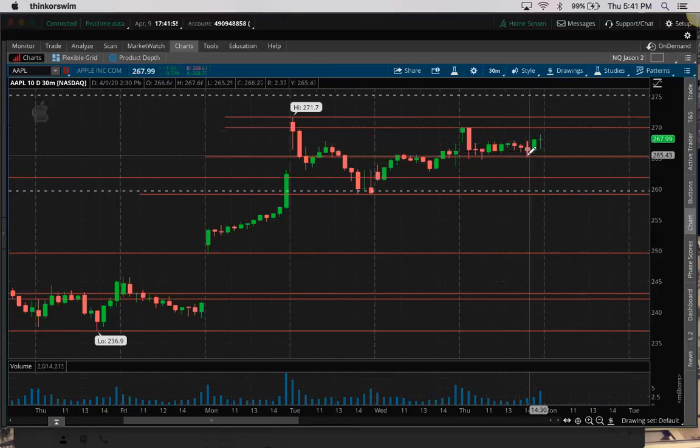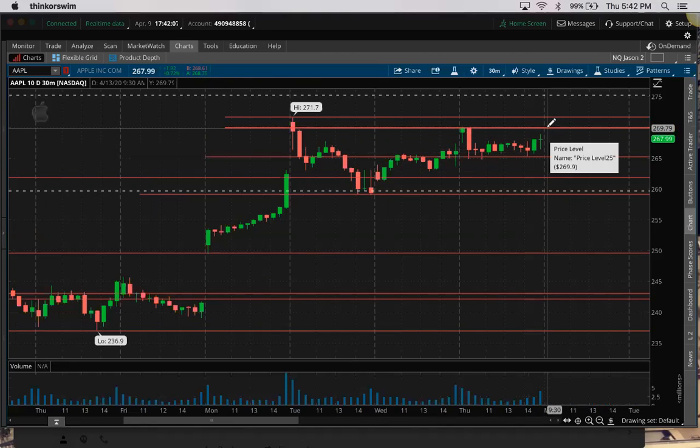And then if it does bounce off of here and go up, I'm going to be making a lot more money, because now I take the average of my entry here and my entry down here, and my entry is really going to be more like here. And then I'm going to pretty much have this whole move up to here. Okay, if that makes sense.